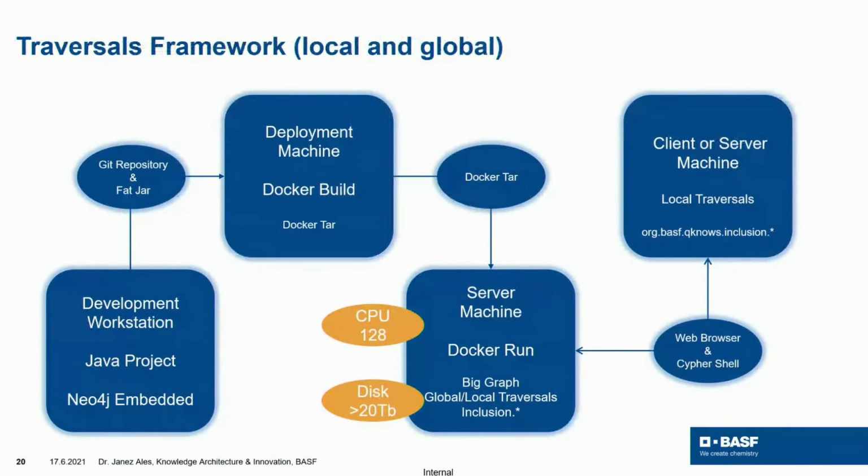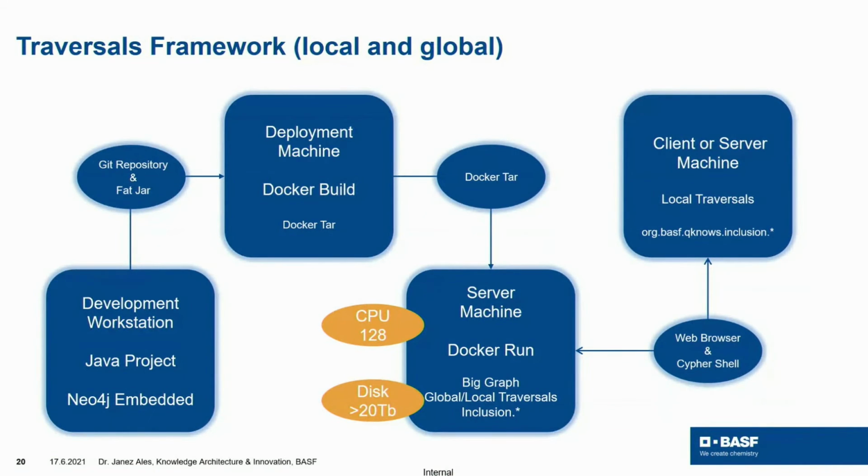And let's look at the pipeline that executes traversal code. So we have a Java embedded Neo4j project, and to make that feasible, of course, you need a build tool. Remember, there's about 5,000 jar files that are in the dependency of my Java project.